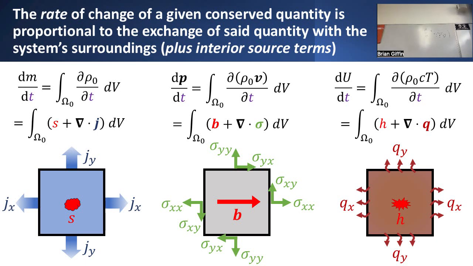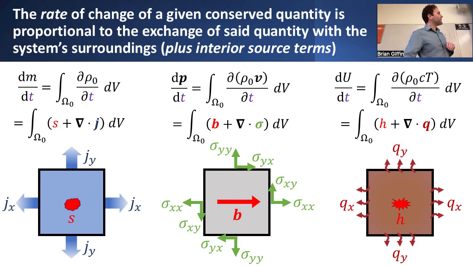Similarly, here's an expression that gives us the time rate of change of the momentum density local to the interior of this system, in balance with any body forces that might be applied over the interior and any exterior tractions that might act over the boundary of this block.